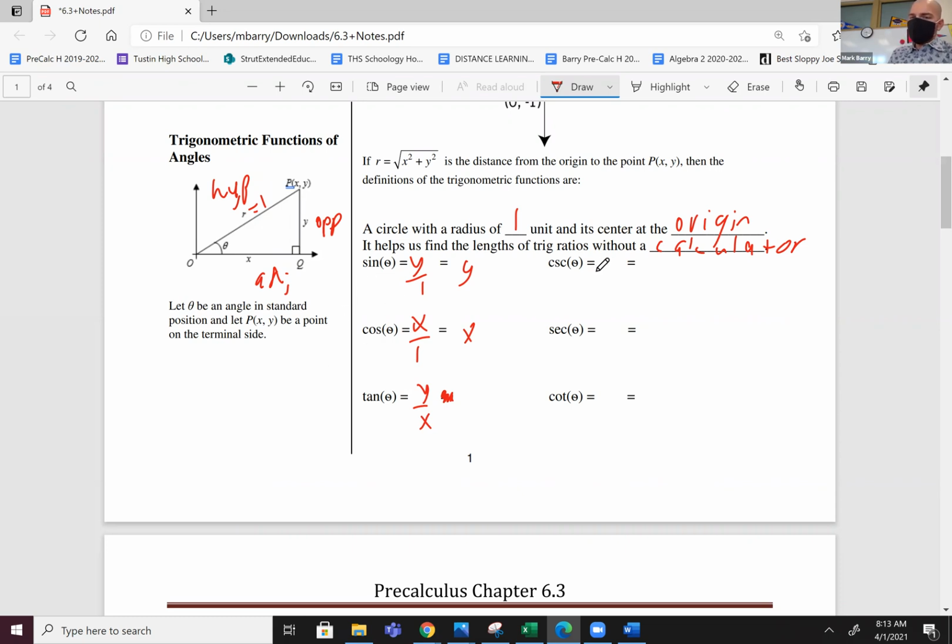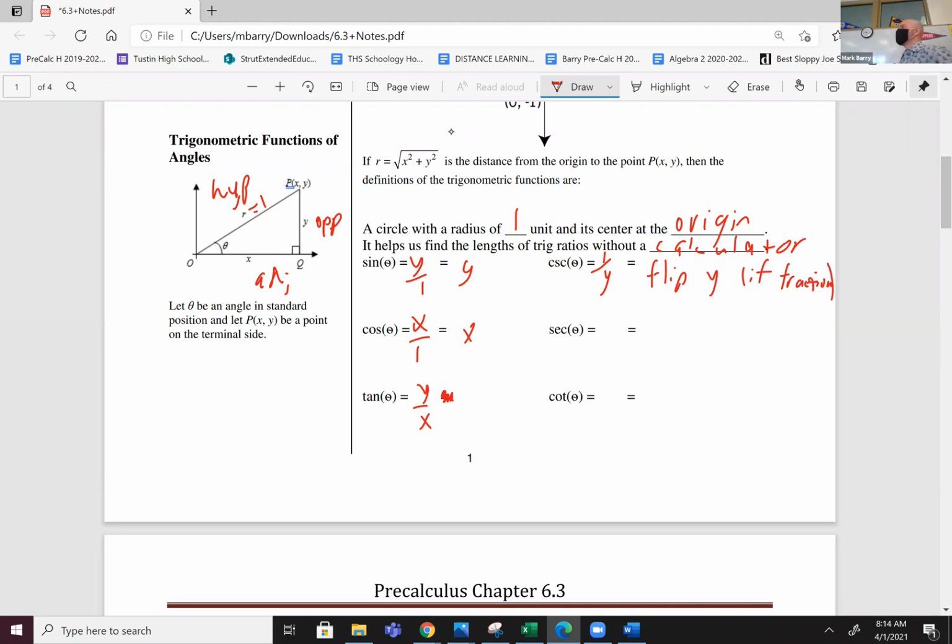Okay, next up, we'll do the reciprocal functions here. So we get cosecant first. So cosecant is going to be 1 over y. But oftentimes, what we're just going to be doing is flipping y, if it's already a fraction. So if it's already a fraction, you can just flip it upside down.